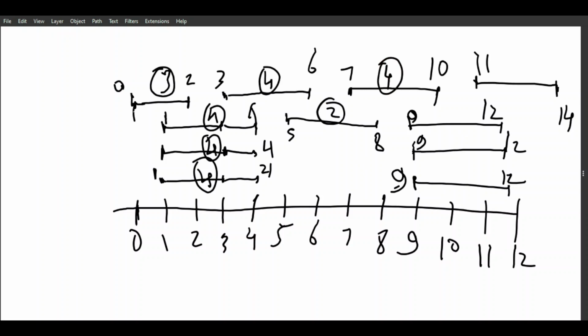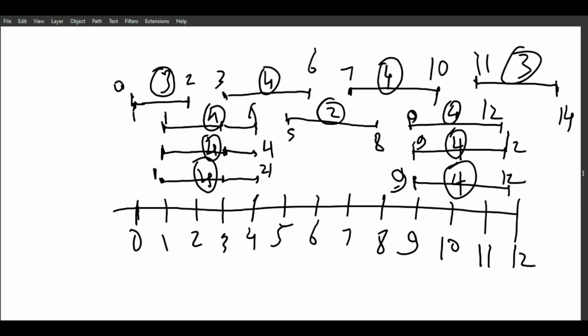Then we have these 9 to 12 intervals. Number of conflicts is 4 each. Then 11 to 14, number of conflicts is 3.